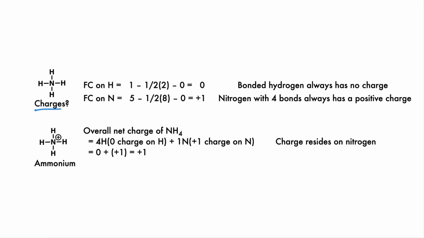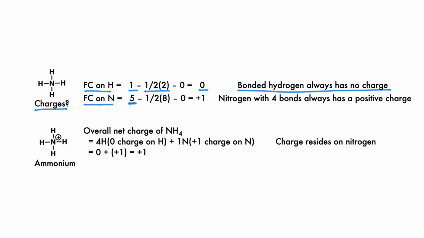As an example, let's calculate the formal charge of each atom in the molecule NH4. Atomic hydrogen owns only one electron. The hydrogen in NH4 owns half of two bonding electrons, which means one electron also. Hydrogen is neutral. Bonded hydrogen is always neutral, so we don't need to do this calculation again.